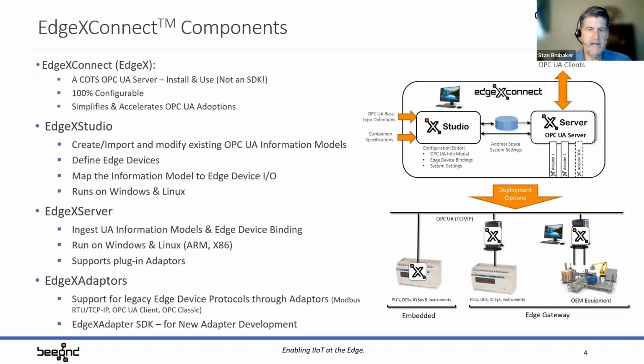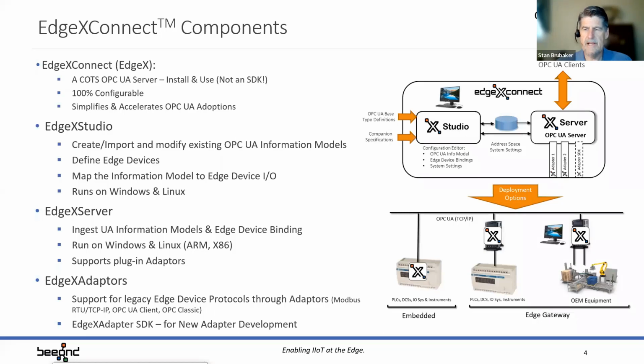Okay, my last slide, just to give an overview of the solution of the product. EdgeXConnect is what we call the product. That's the complete package. That's all the components. The complete software offering consists of EdgeX Studio, which is the graphical modeling tool, which is the configurator. It configures the EdgeX server.